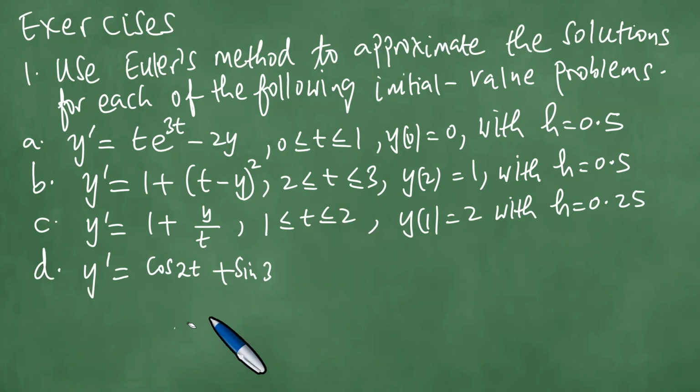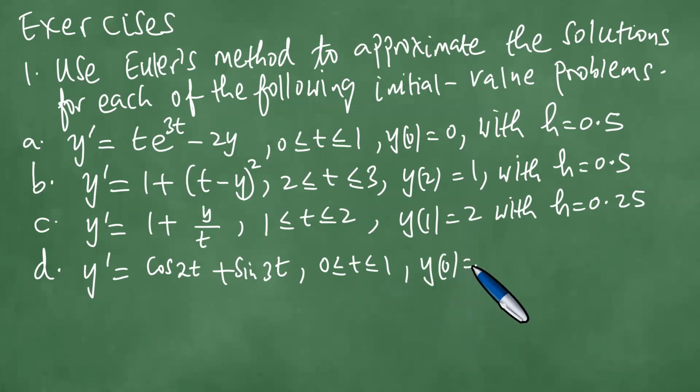So now, as I was saying, sine 3t here, and then we have t between 0 and 1, y at 0 is 1, with h is 0.25. Okay, these are some exercises from the material for the course.